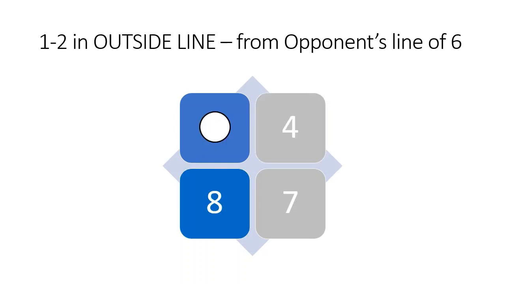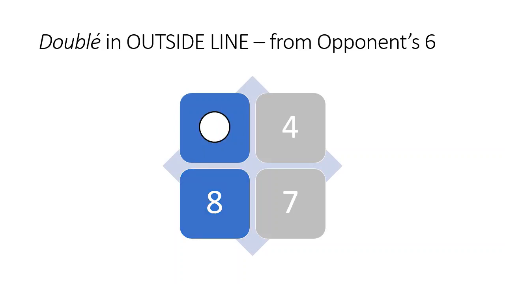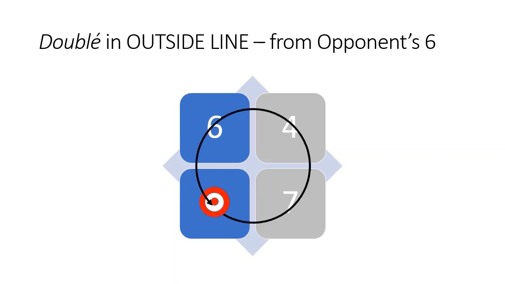The 1-2 in the outside line from the opponent's line of 6 is a vertical disengage, followed by another vertical disengage in the opposite direction. The double in the outside line is a vertical disengage, followed by a counter disengage.